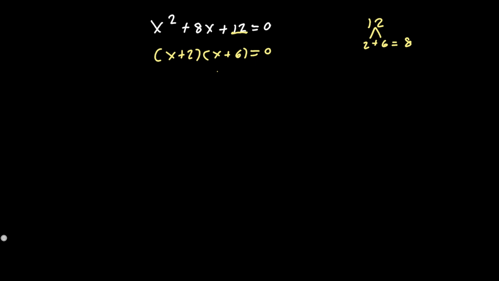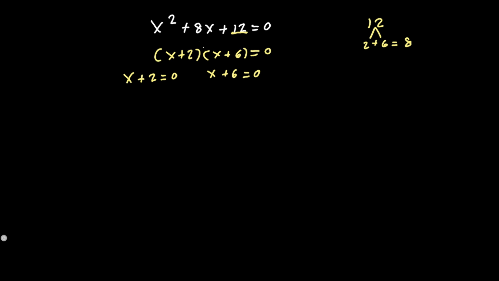And to find the roots of this, all you have to do is simply use the zero factor property, where we have x plus 2 is equal to 0, and x plus 6 is equal to 0. The reason we are doing this is because if we let this be equal to 0, then it's going to be 0 times whatever this number right here is, and 0 times a number is 0.